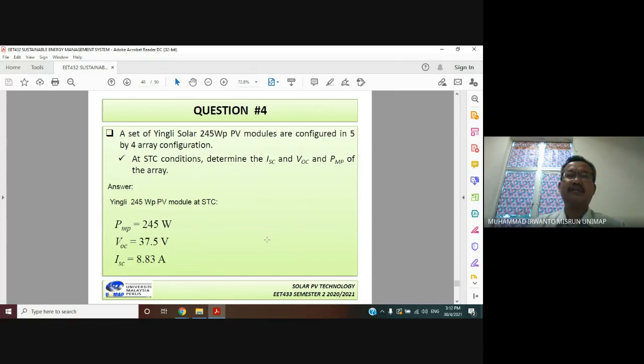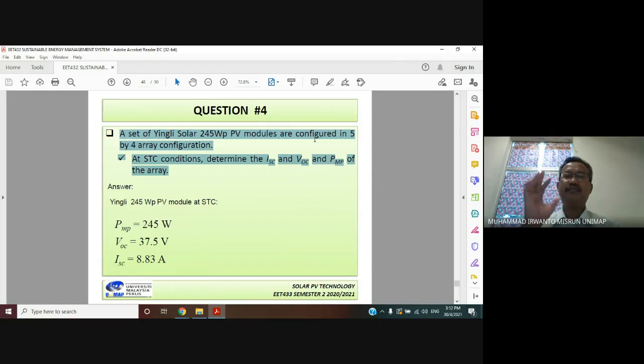Okay, example 4 here. A set of Yingli Solar 245 watt PV modules are configured in a 5 by 4 array configuration.